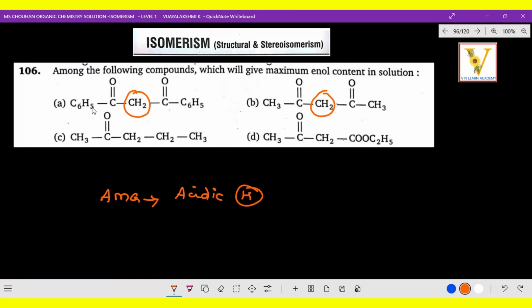Now here I wanted to mention C6H5, C double bond O, CH2, here C double bond O, C6H5, and the same way here. As I mentioned for enol content, when the keto form is converted into enol, resonance takes place. So in this, more resonance is provided, that is the point we have to observe.